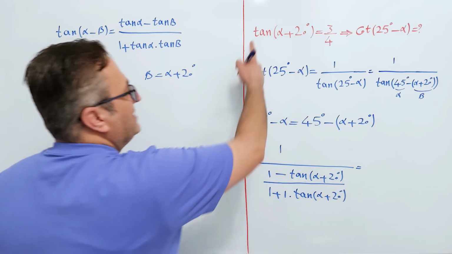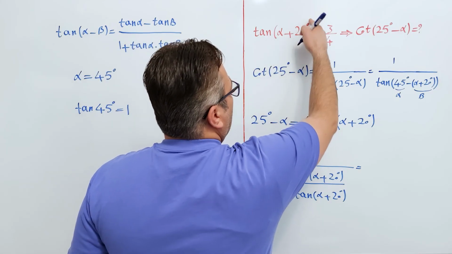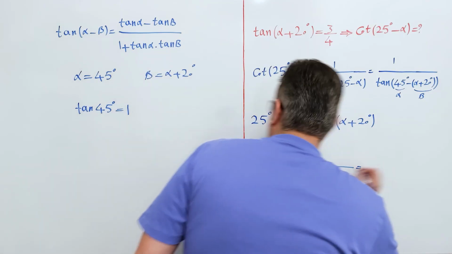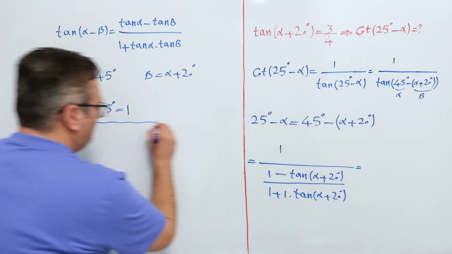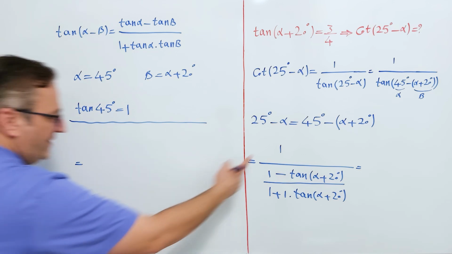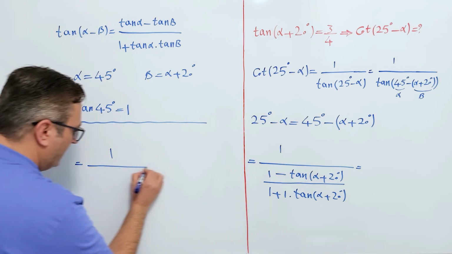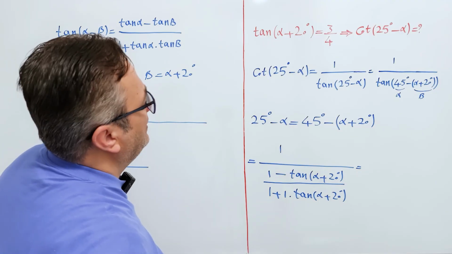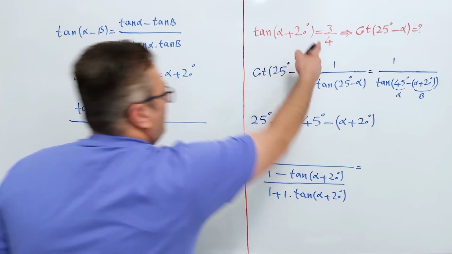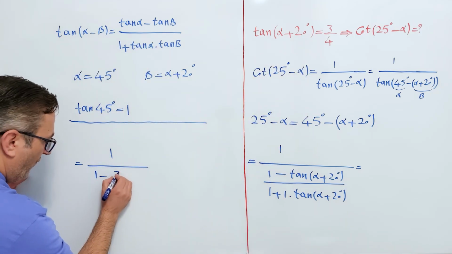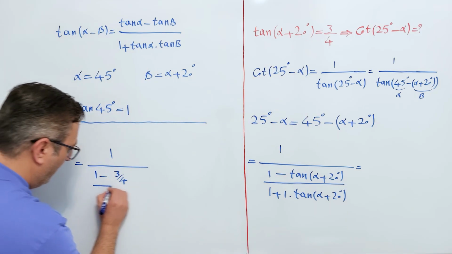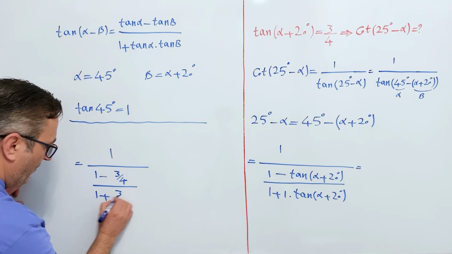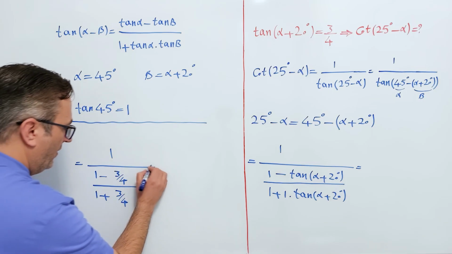And we know that tangent of alpha plus 20 degrees is equal to 3 over 4. So this fraction is equal to 1 divided by 1 minus tangent of alpha plus 20 degrees, which is 3 over 4, over 1 plus 3 over 4.